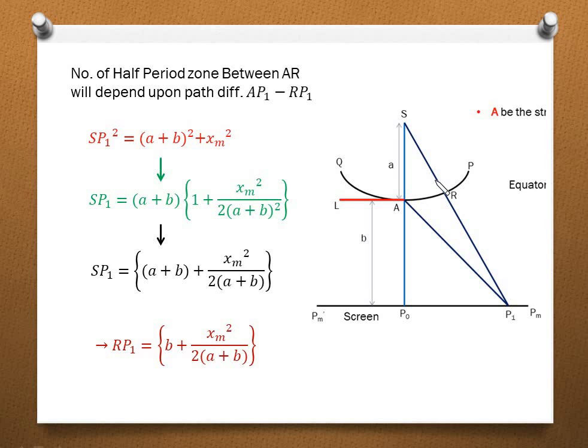Similarly, if we consider this small triangle, we can write AP1 like this. Here also we have neglected the higher order term, because xm is much smaller compared to all these things.